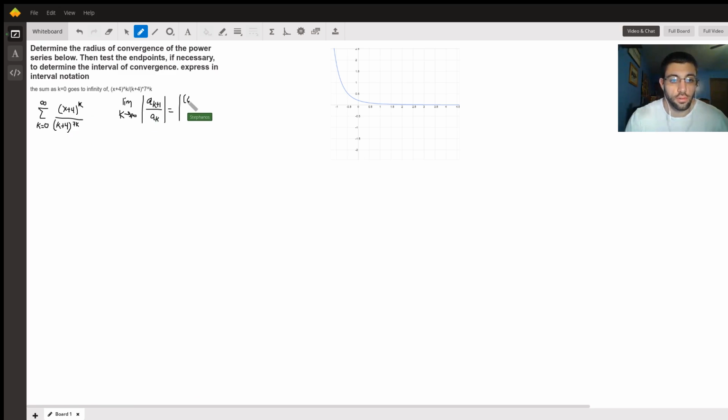So x plus 4 to the k plus 1 over k plus 1 plus 4, which would be k plus 5 altogether, to the 7k plus 7 after distribution when k plus 1 goes in there.